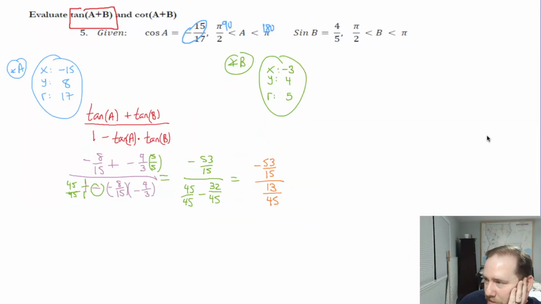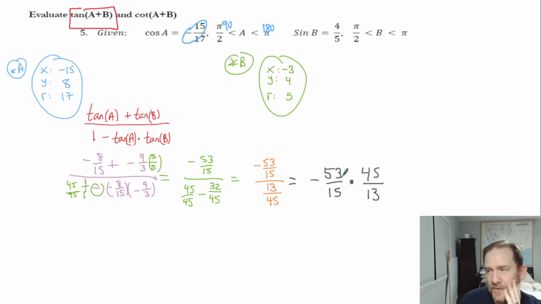So finally, to evaluate this, I would just keep the numerator, negative 53/15. And if you're dividing by this fraction, then you're really just multiplying by the reciprocal instead. So this is our answer, negative 53/15 times 45/13.